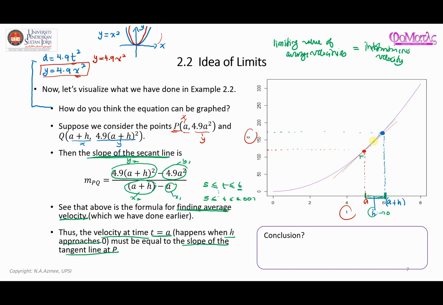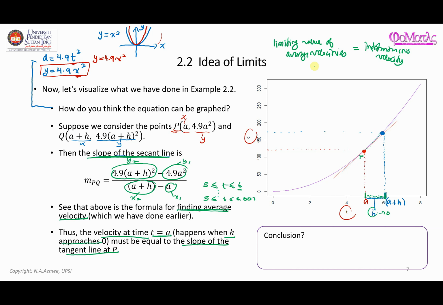But by doing this process also, you will see that this is something which we did in the tangent problem. When you move the point closer and closer to this fixed point over here, the slope of the secant line is similar to the slope of the tangent line.